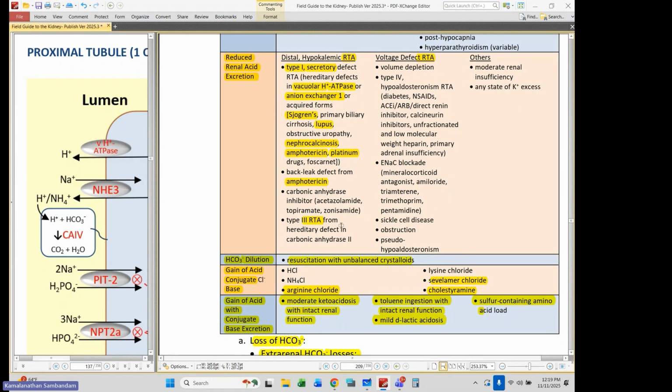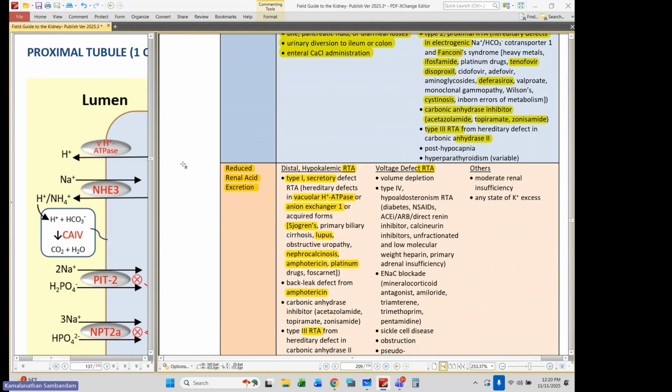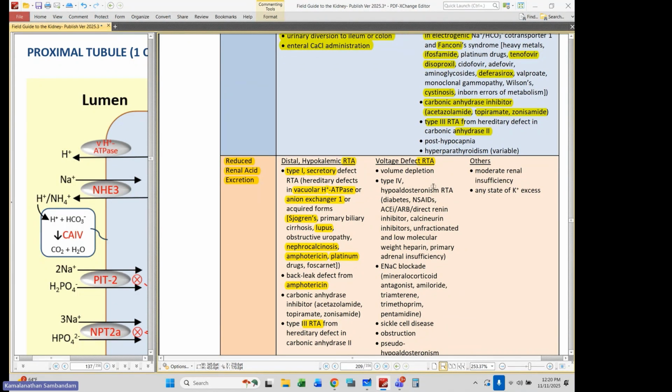You will expect to see, again, a high fractional excretion of bicarbonate, but you'll also see a urine pH, which is generally going to be elevated, right? Okay. Other forms of distal impairments in renal acidification is the so-called voltage defect RTA. We'll go through the physiology of this in just a bit, but let me just build out this framework.